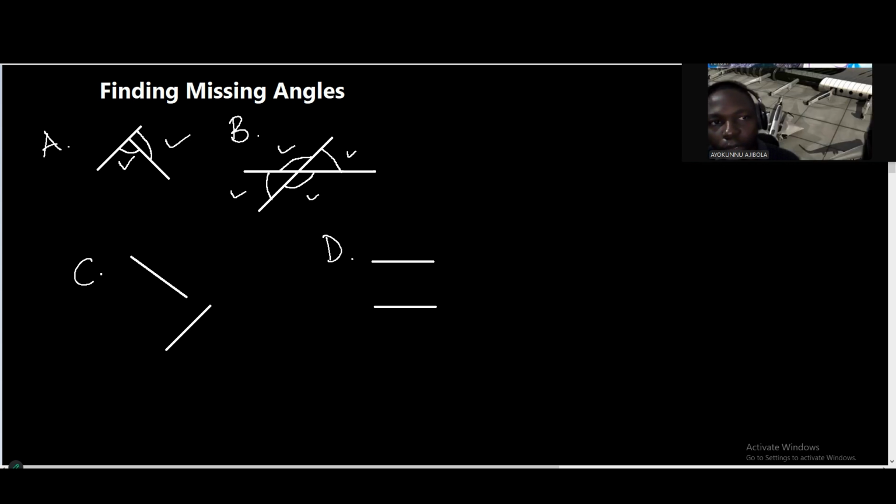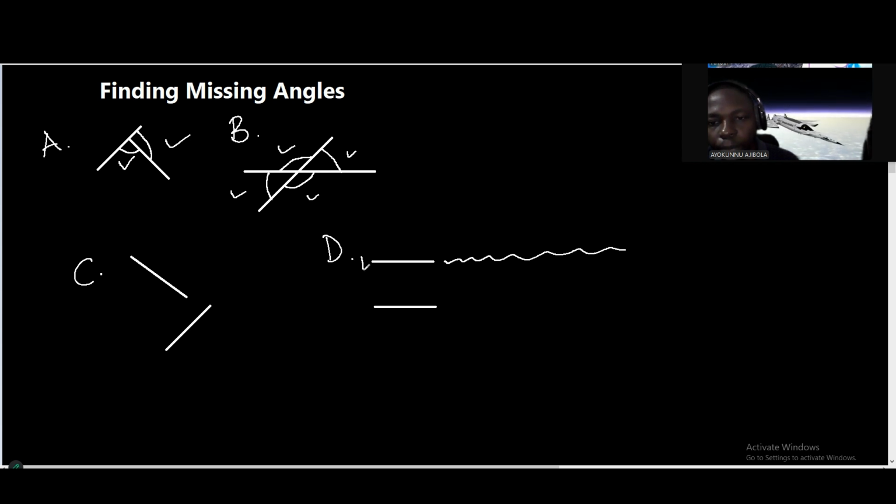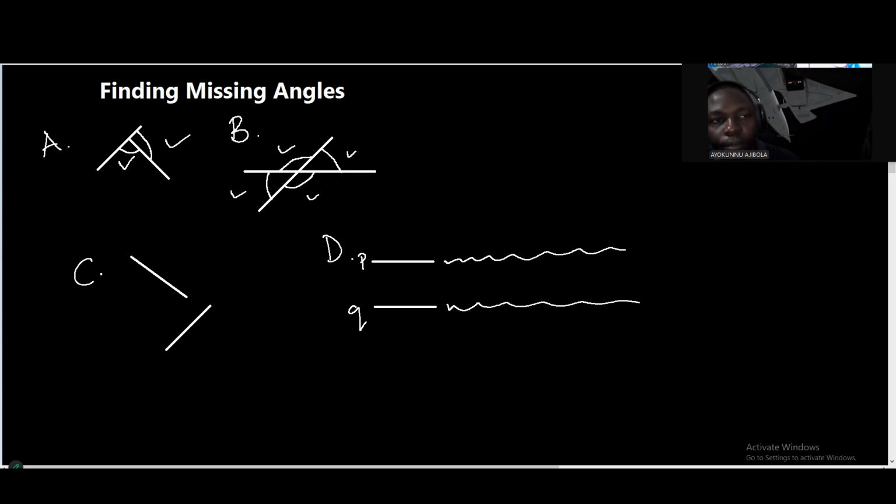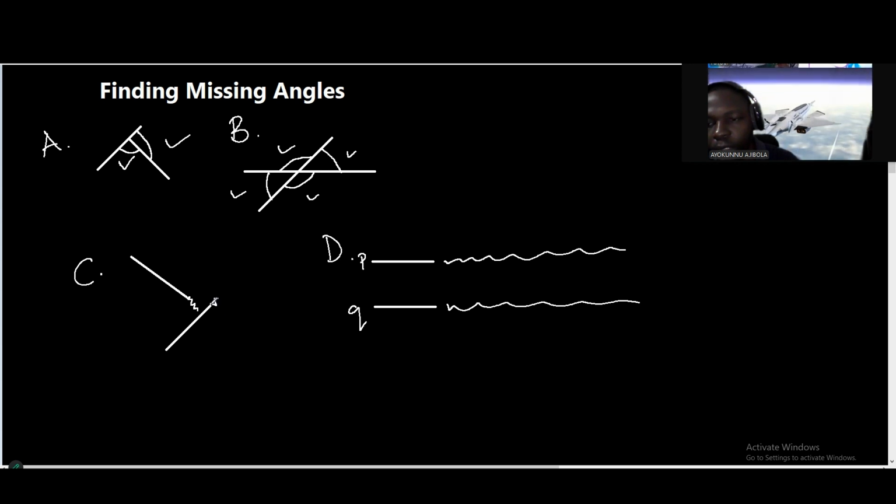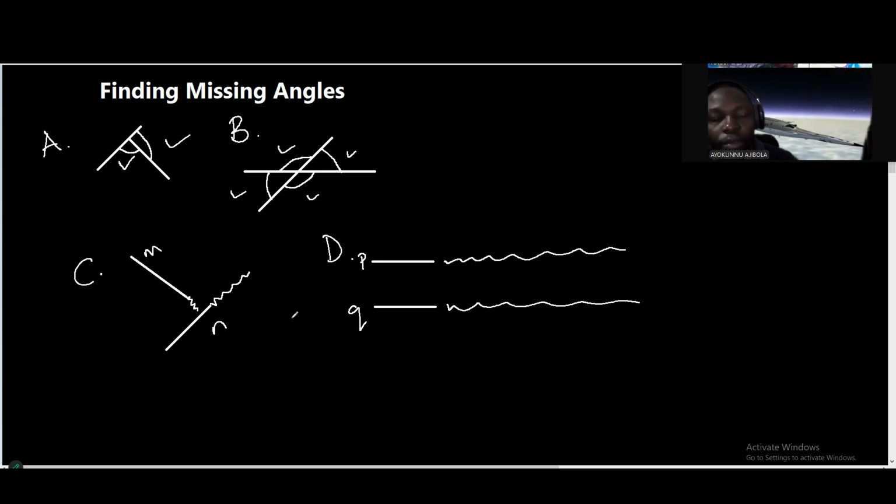Now, do you think if I continue with this line P and line Q, they are going to meet? No. But if I continue with this line and this line M and N, do you think they're going to meet?